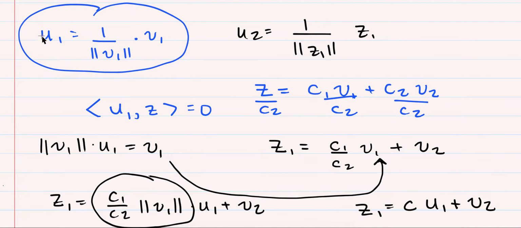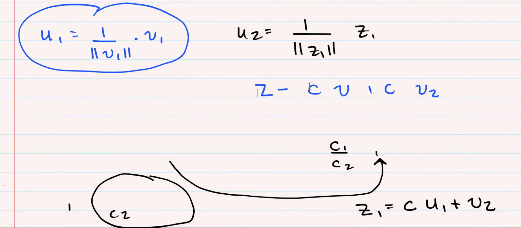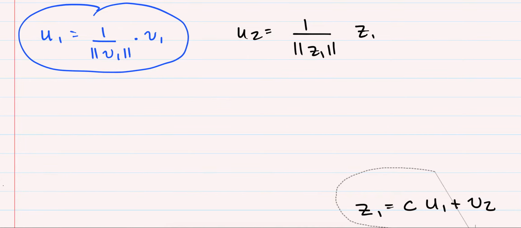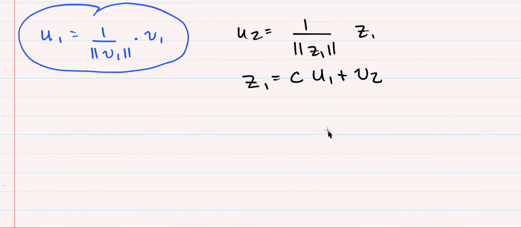So what I'm going to do now is I'm going to erase all this for a second. Okay. And now let's move this up here. So this is our Z1.